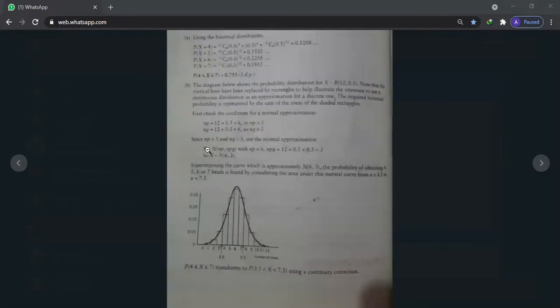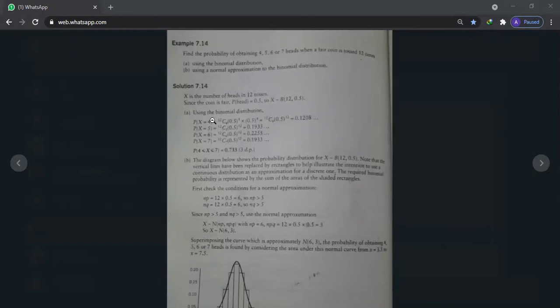Now we will find out the probabilities between 3 and 7. As we have calculated in part A, from 4 to 7.